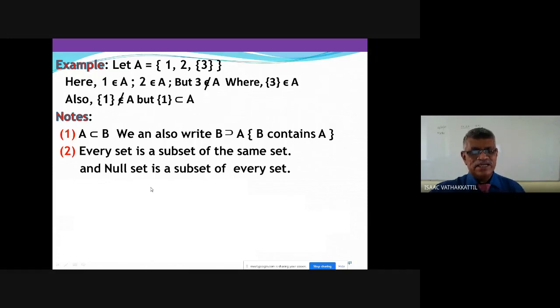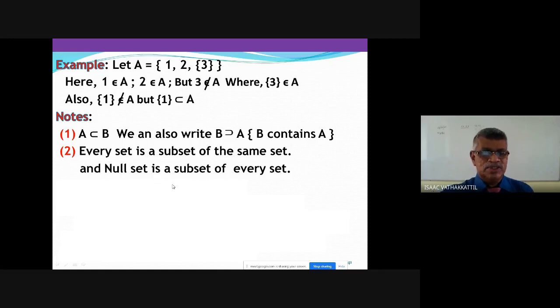We can simply technically say that null set is a subset of every set, because A subset B means when x belongs to A implies it belongs to B. How can you say null set is a subset of every set? If you find any element in the null set, that element is very much in set B, any set. But it is sure that there is no element in null set.